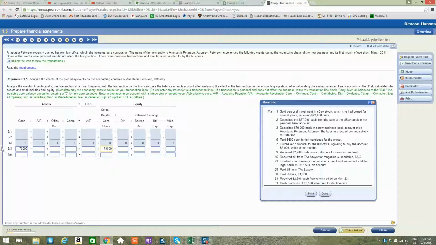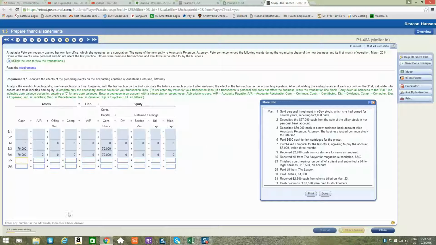Okay, and then you want to do a subtotal. So 0 plus 70,000 is 70,000. And of course, all these other balances are 0 until you get to common stock, which is 70,000. Right, and then you hit check answer, and you get a good job, and you continue on.